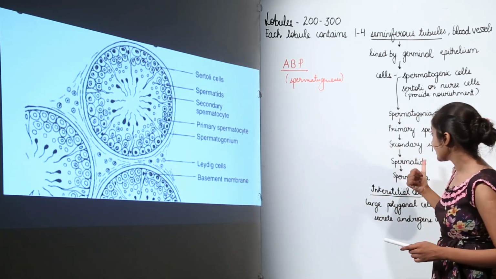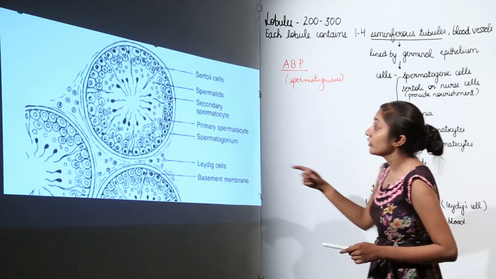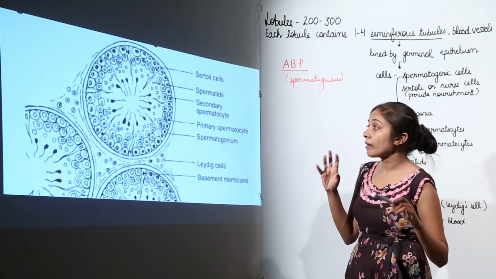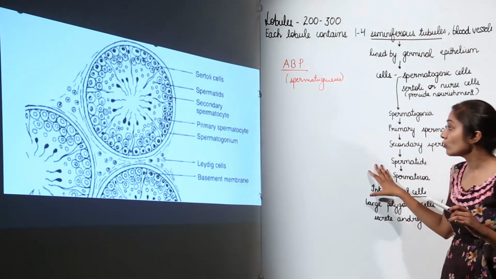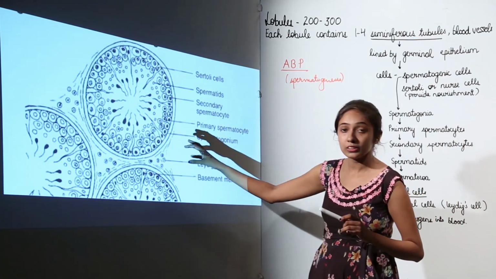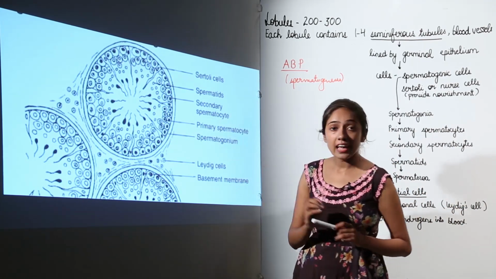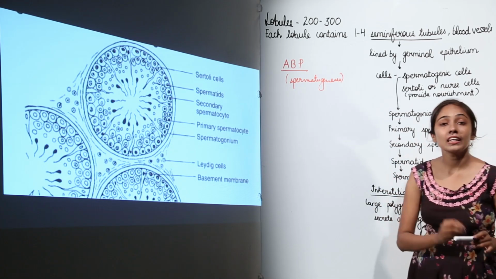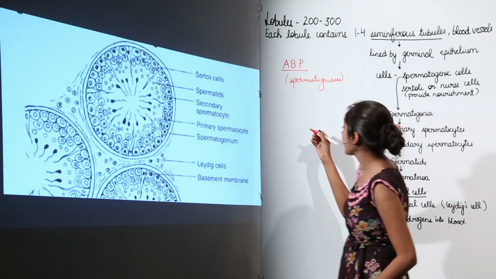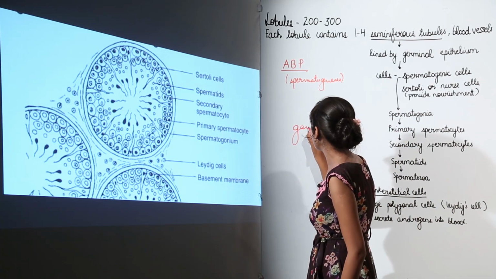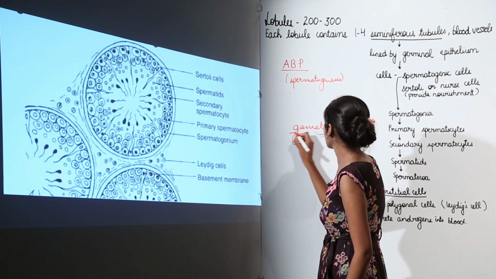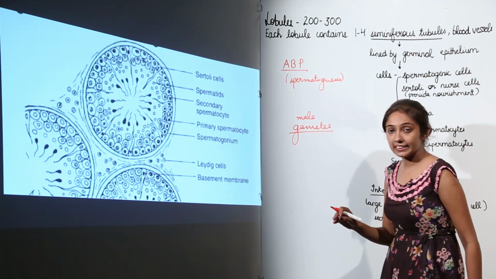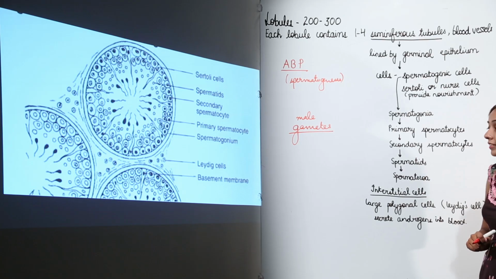Then these spermatids are going to form spermatozoa. You can see spermatozoa being formed, right? So these spermatozoa are found inside these seminiferous tubules, and they further are going to be the male sex gametes. These are the male gametes. So this is how inside the testes we have spermatozoa.